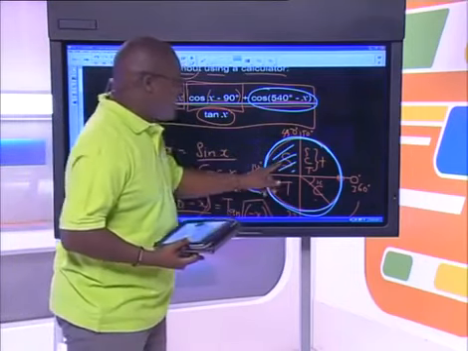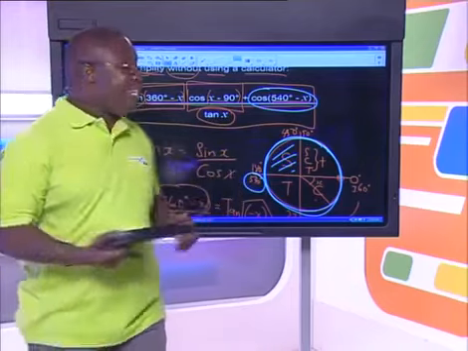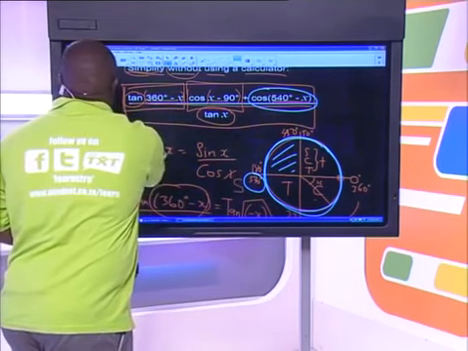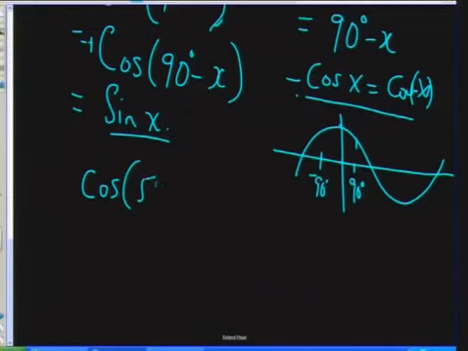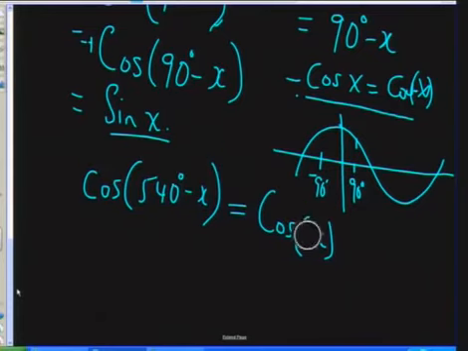From our rules, it tells us that only sine is positive. Thus, cos will be negative. So cos 540 degrees minus x can be reduced to minus cos x, because it's negative.